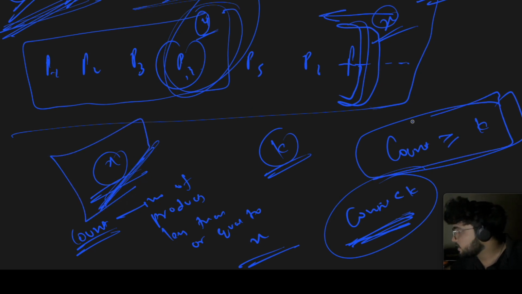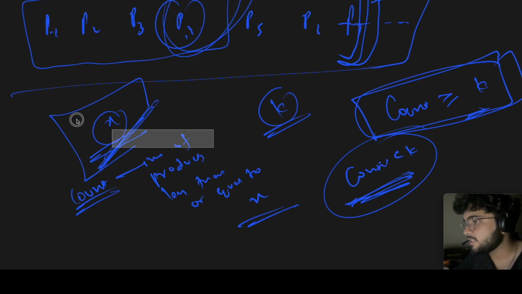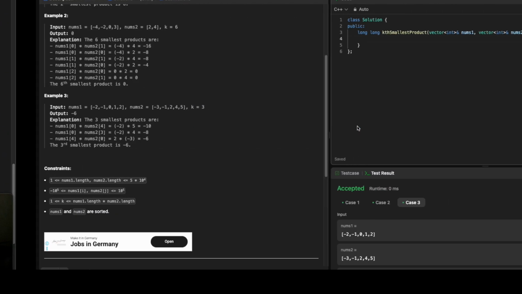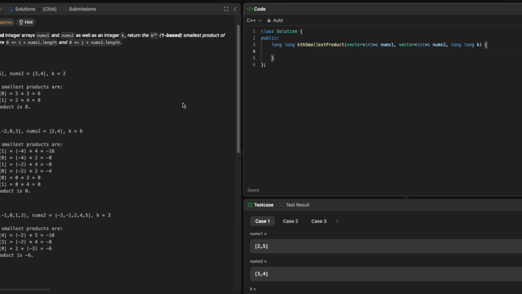But for greater than or equal to k, this can be our answer and the answer can be smaller. Okay, so let's write the code till now, and how we are able to arrive at this we'll see later. So let's start with the code till now. So we can see that we are basically finding some x, and we are figuring out whether this x can be our answer or not, right?